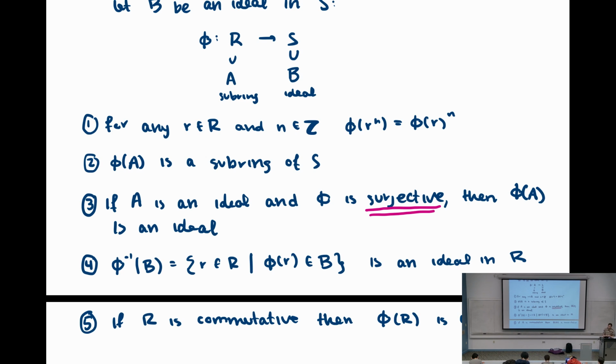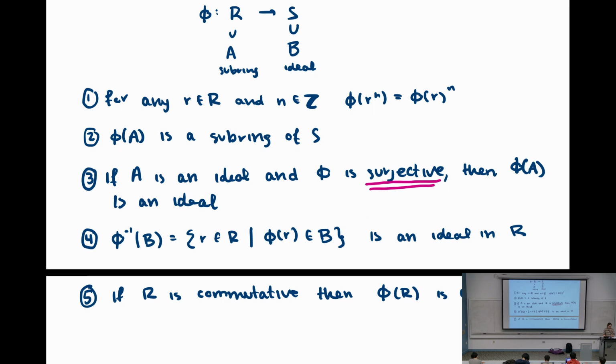I think here you might ask for an example where S is not commutative, but phi of R is commutative. So that's something you might wonder about, why we don't get that all of S is commutative.